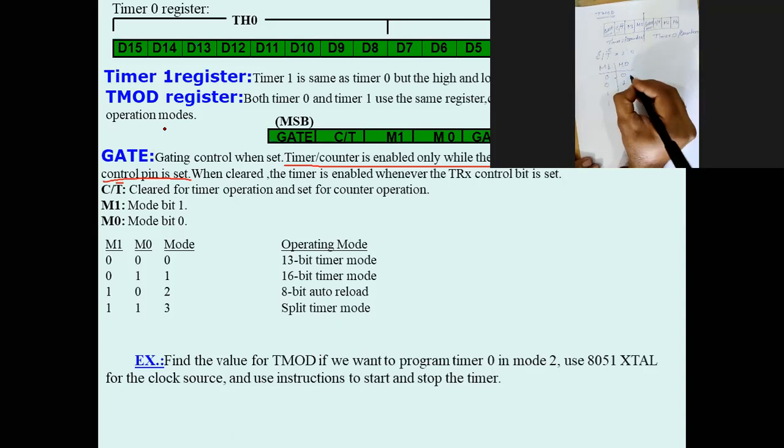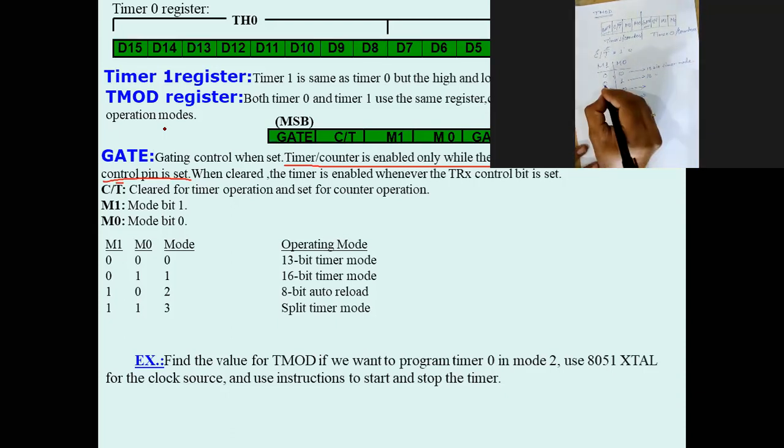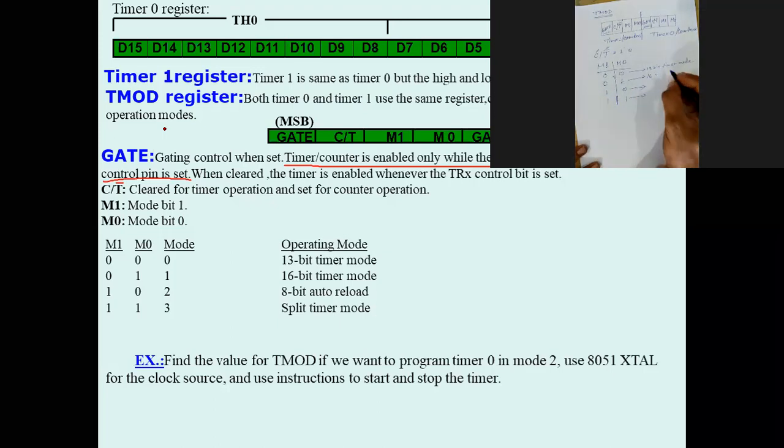When these 2 bits are 00, then 13-bit timer mode is selected. The timer modes are 13-bit, 16-bit, 8-bit. I'll come to that. When M1 is 0 and M0 is 1, then 16-bit timer mode. When M1 is 1 and M0 is 0, then 8-bit auto reload mode.